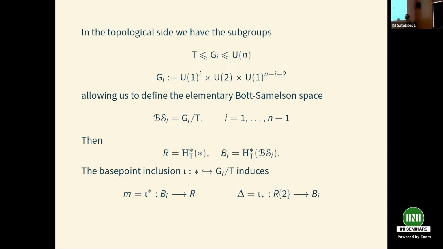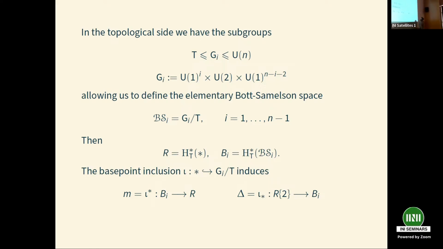And then these two elementary maps are induced by a very canonical thing, which is the inclusion of the base point. There is a natural base point here in G_i mod T, which you can think of as the class of the identity matrix. And the inclusion of that induces these two maps. So I pull back, this is in cohomology. There is also a wrong way map.